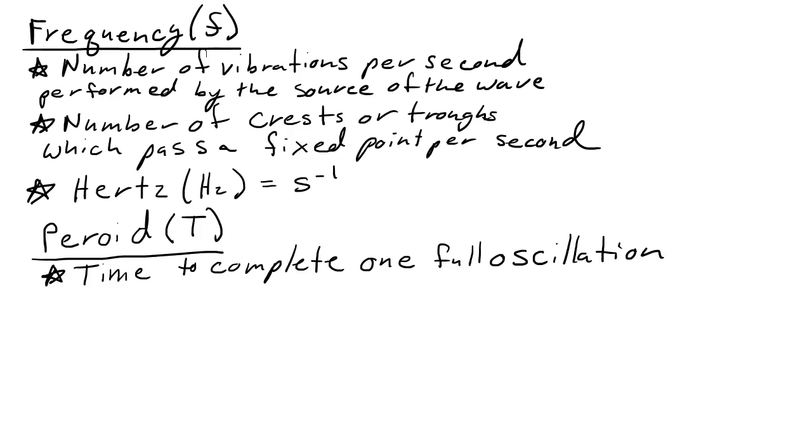So frequency is the measure of how many oscillations per some time, and period is the measure of how long a single oscillation would take. This means they're related to each other inversely, so period is equal to 1 over frequency.